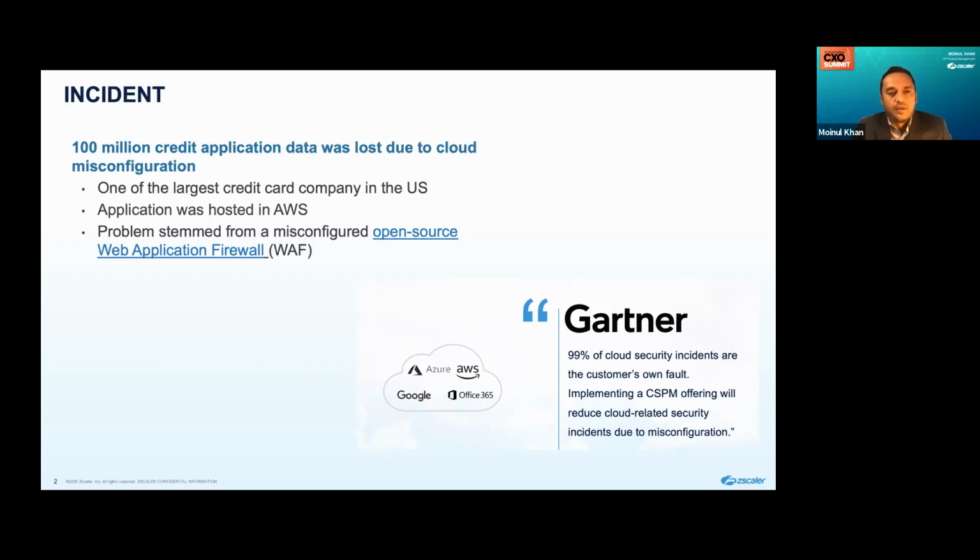To be very specific, the misconfiguration was really coming from a WAF, the web application firewall that was front-ending their application.